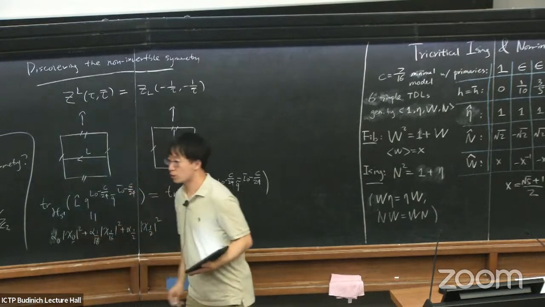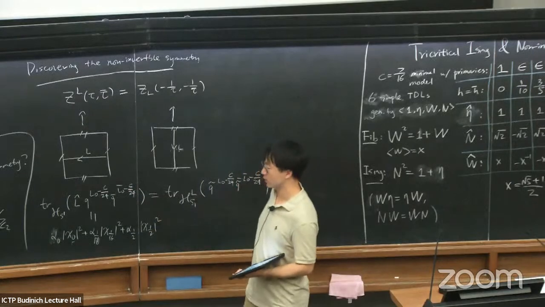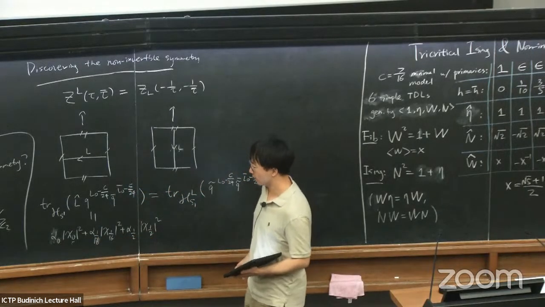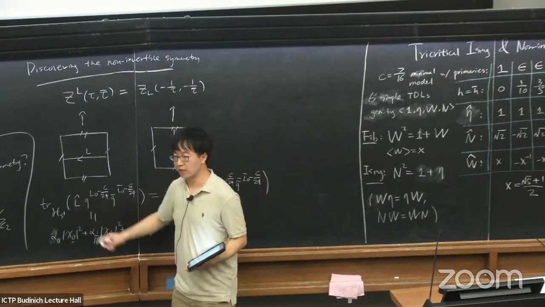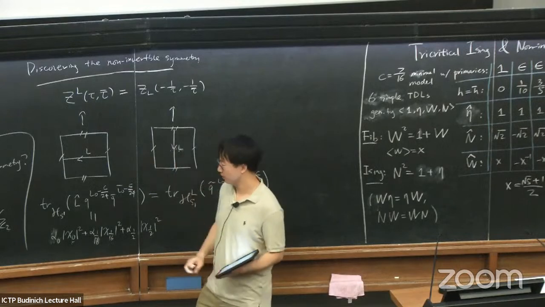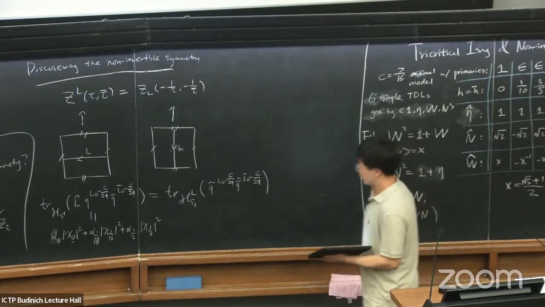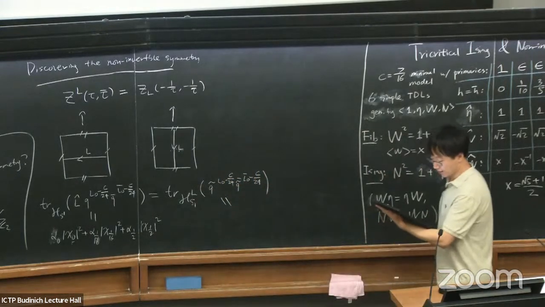They correspond physically to the three operators: identity, sigma, and epsilon, as well as their descendants. And these coefficients, which we are being agnostic about, determine how this putative line operator acts on those local operators. There are too many words about operators. Hopefully, there's no confusion. And we can do the same thing for the right-hand side.